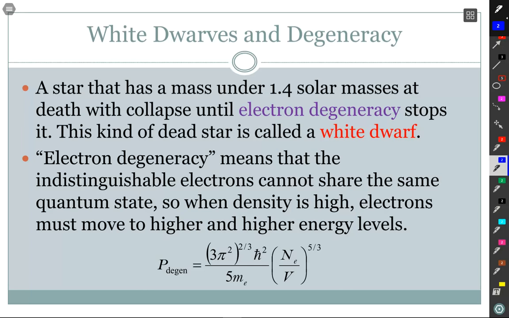So 1.4 solar masses is the maximum mass you can put on it before you have enough pressure to overcome that degeneracy and force it to go kablooey.